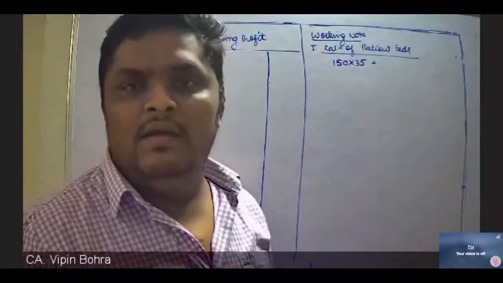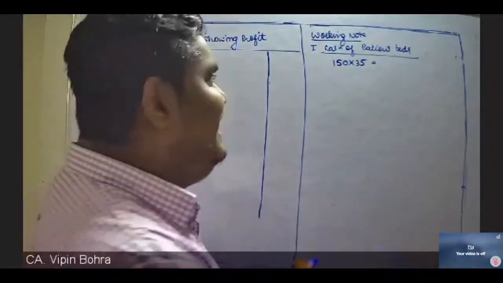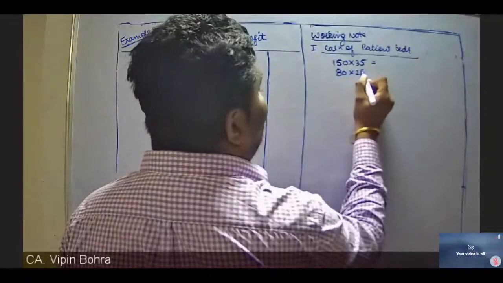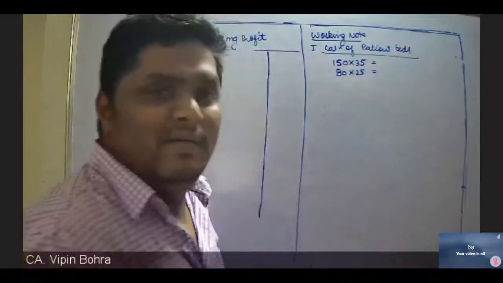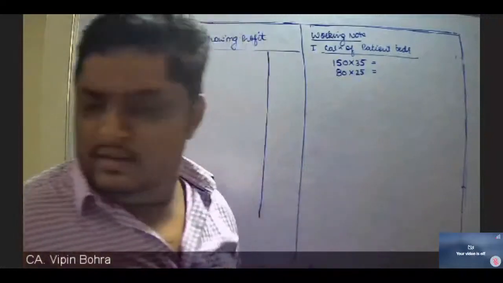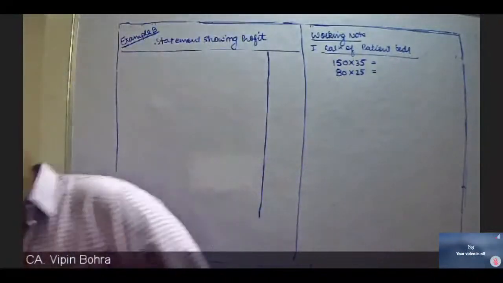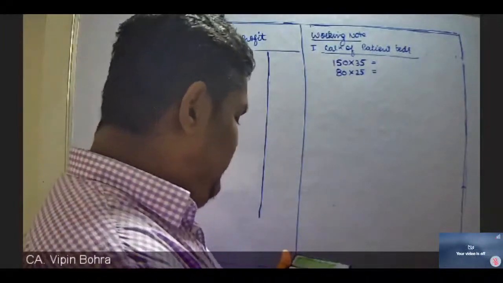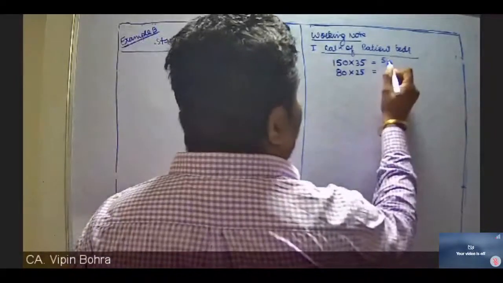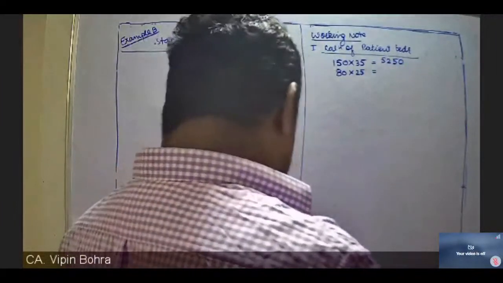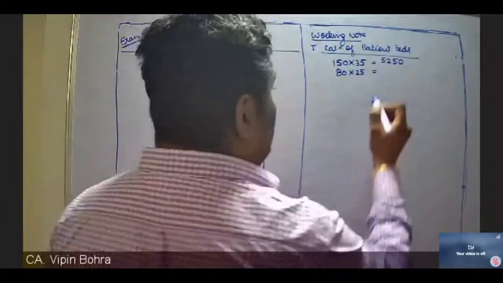Next, for 80 days, only 25 beds. So for the remaining 80 days, only 25. And extra beds hired, 750. So write it. 150 into 35 comes to 5250. 80 into 25, 2000.